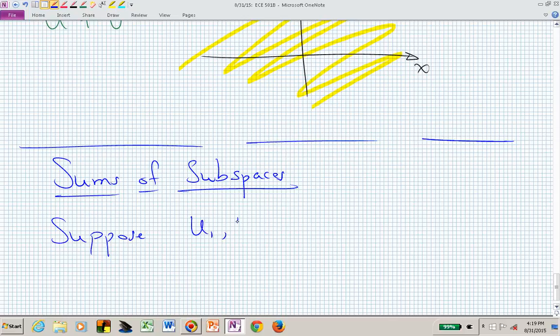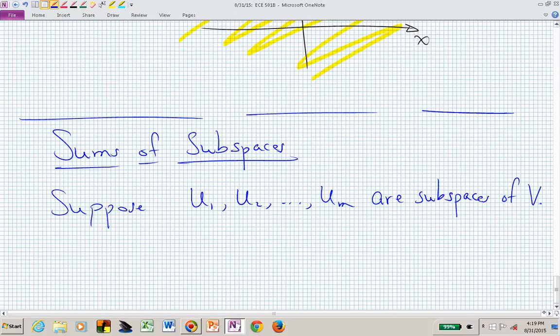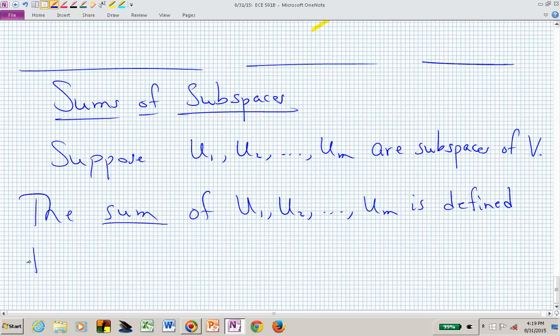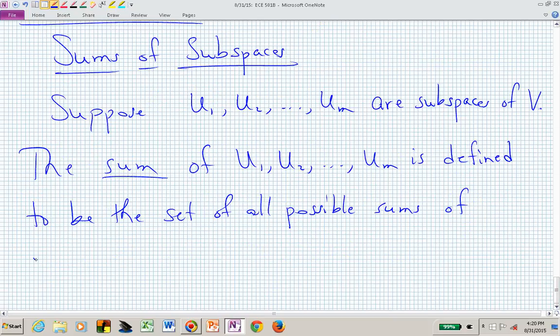Suppose we have a collection U1, U2, up to U sub m of subspaces, and they are all subspaces of V. Then the sum of subspace 1, 2, up to subspace m is defined to be the set of all possible sums of elements contained in U1, U2, up to U sub m.